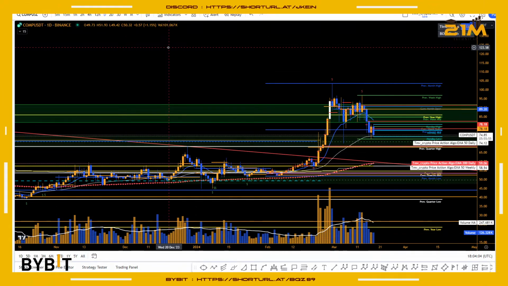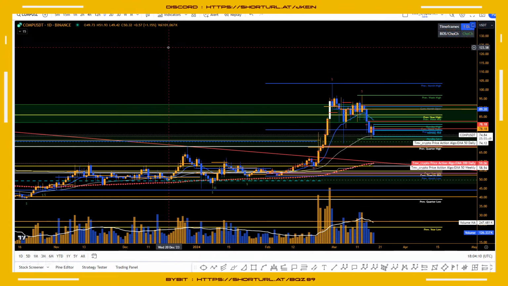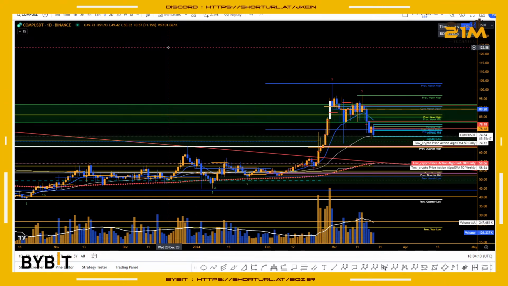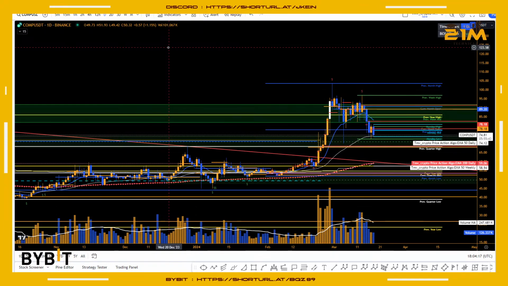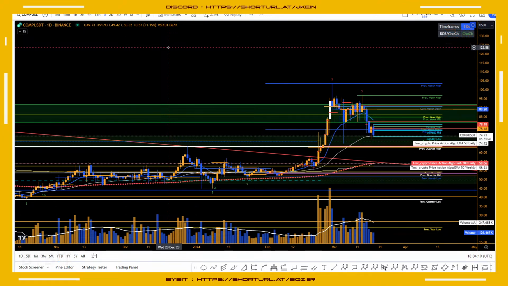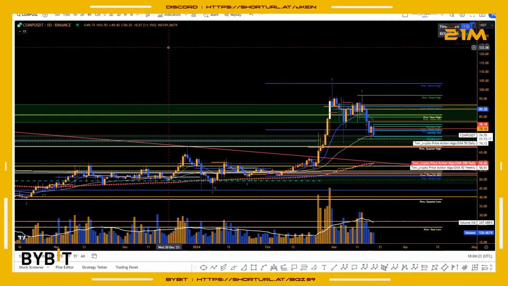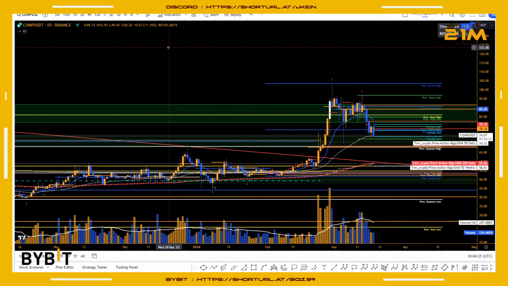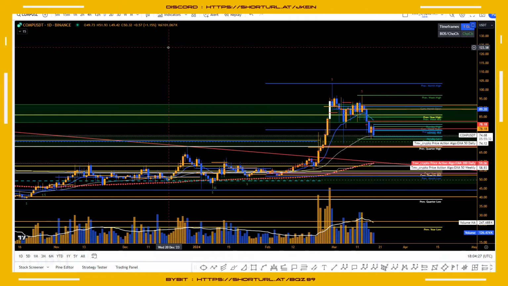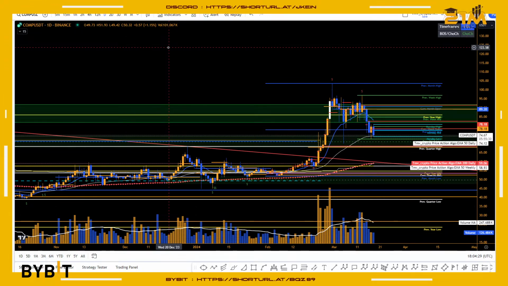For example, FET did more than 40x since bottoming. RNDR. So many alts already did that. Now you can't expect FET to run from here and do another 50x. Not possible at all. So we need to accept that very few. Now if we are talking about the 50x, 100x, let's be very realistic.